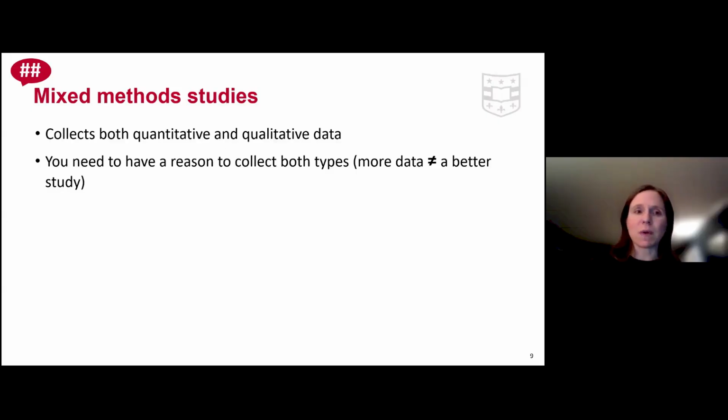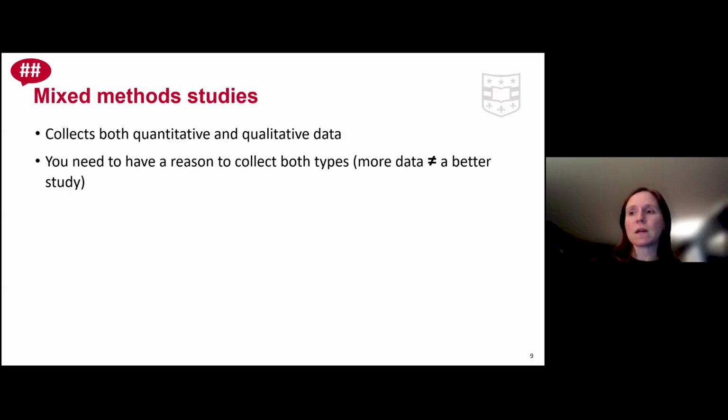So more data isn't better data, but if there's a reason, maybe you do a standard survey study and then you follow it up with interviews to get some background on some of the questions or responses from that survey, like, hey, that might make sense.